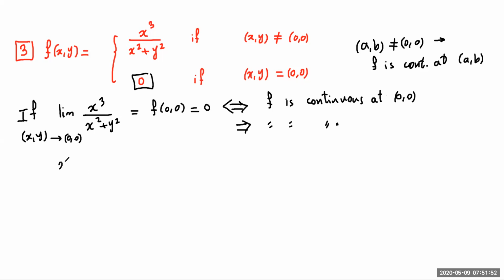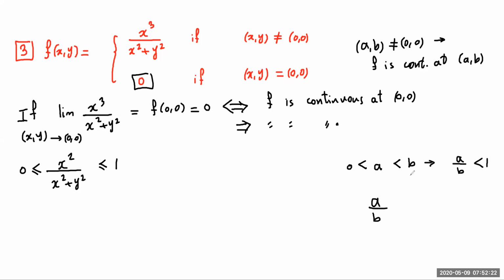Let's begin with the idea that x^2 over x^2 plus y^2 is always greater than or equal to 0, and less than or equal to 1. Why is it less than or equal to 1? Because you know that if a and b are positive numbers, and a is greater than 0 and always less than b, then a over b is less than 1. So for this reason, this term is less than or equal to 1.